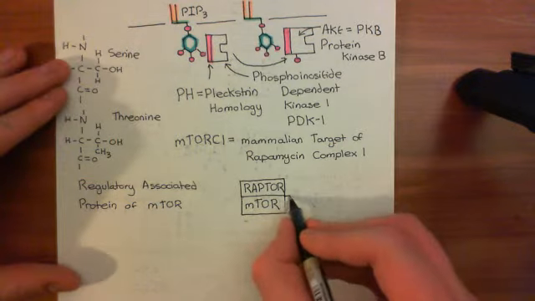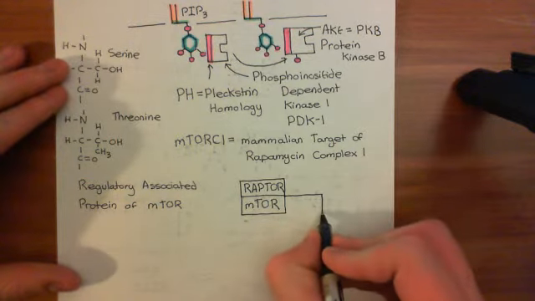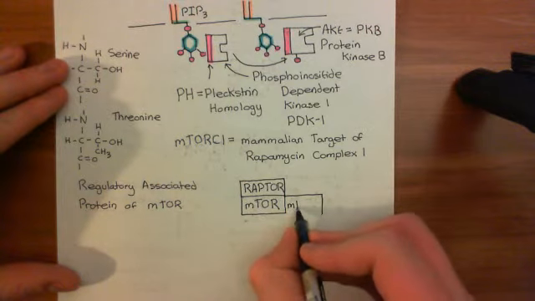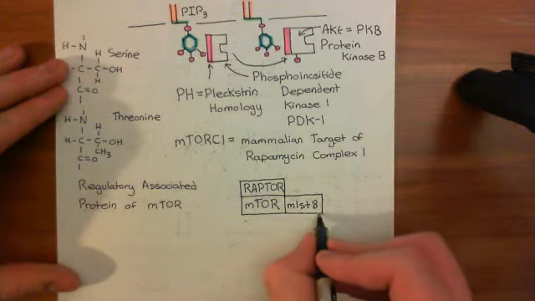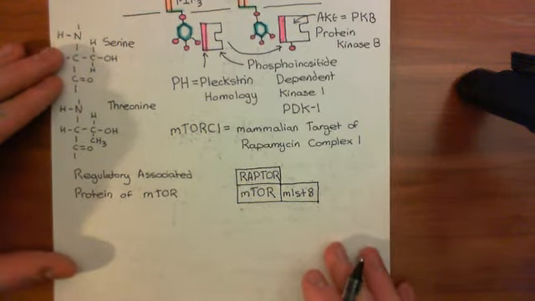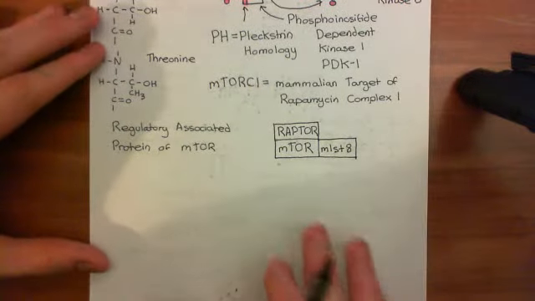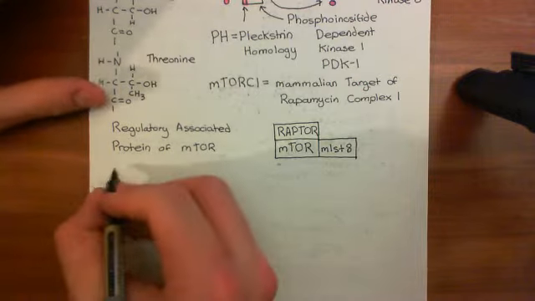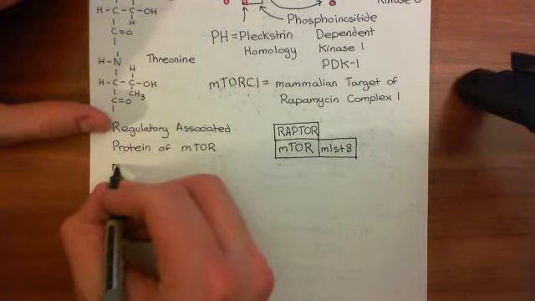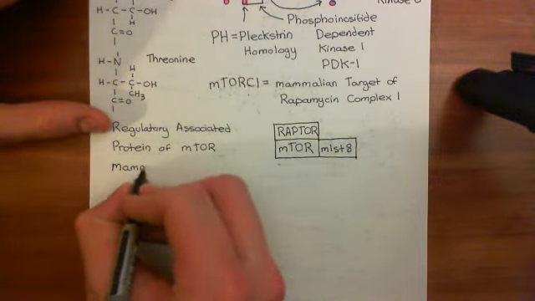Then we have another protein over here which has a less cool name. Okay, and this is MLST8, which stands for mammalian lethal with Sec13 protein 8. Okay, so they do have quite ridiculous names. Regulatory associated protein of mTOR was the most sensibly named one. Okay, so MLST8 stands for the mammalian lethal.